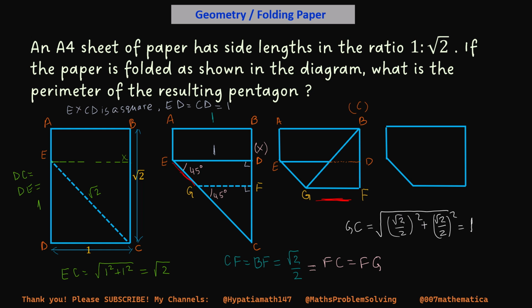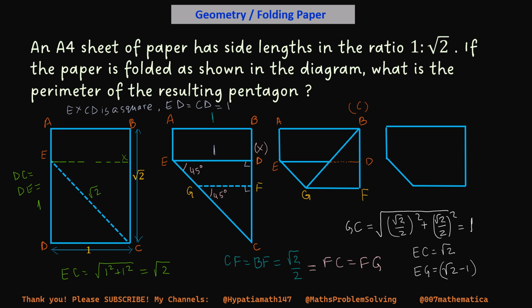We can now find what EG is. Okay, we know what GF is. That is equal to root 2 out of 2. We know what BF is. We know what AB is. AE also we know. We just need to find EG, and we do find EG is equal to root 2 minus 1.